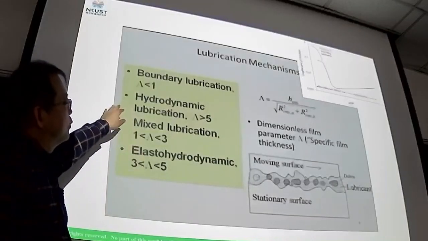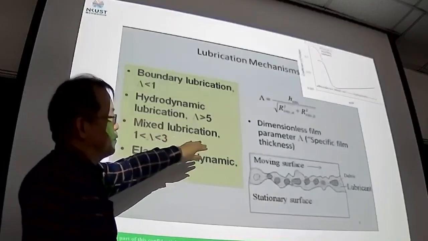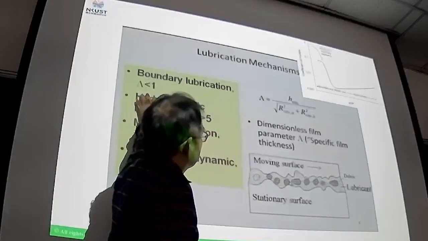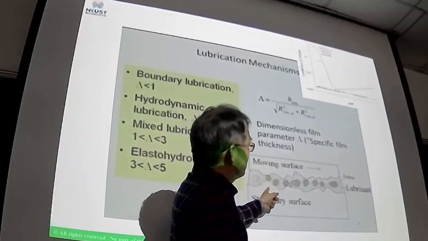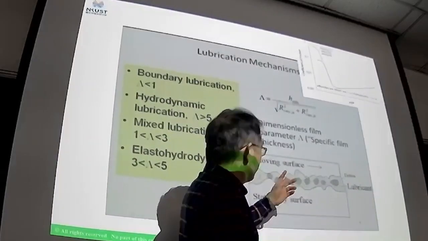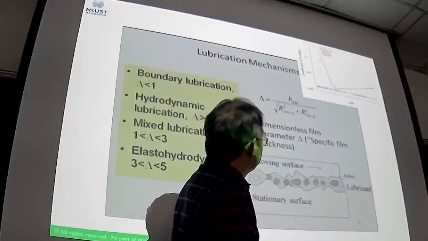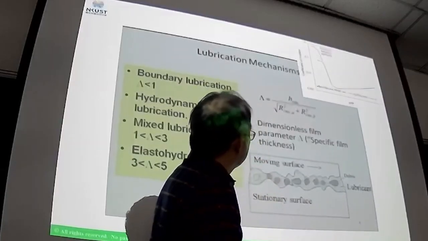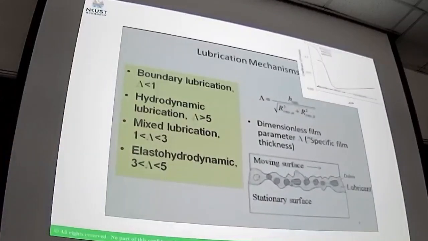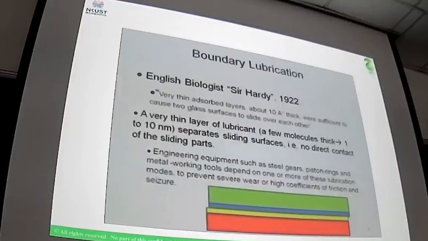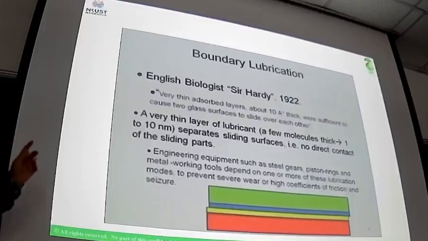When the specific film thickness is small, some of the asperities will have contact with each other. These two surfaces will have some physical contact, which means the possibility of contact is high. So it's called boundary lubrication.